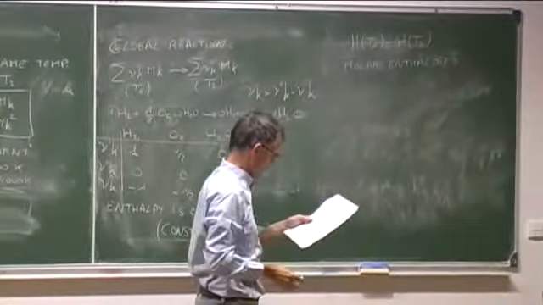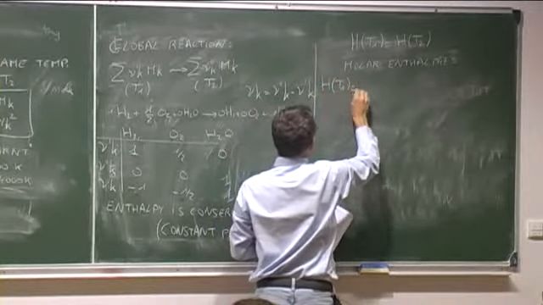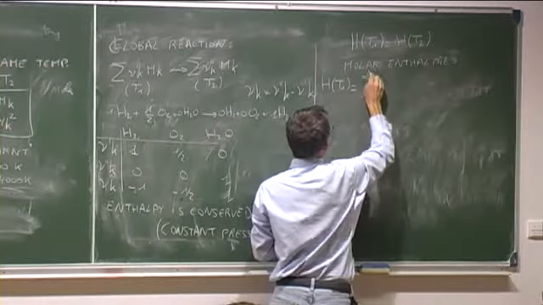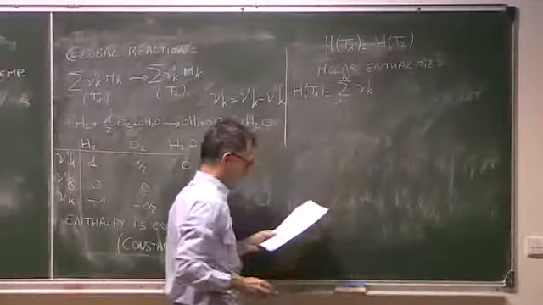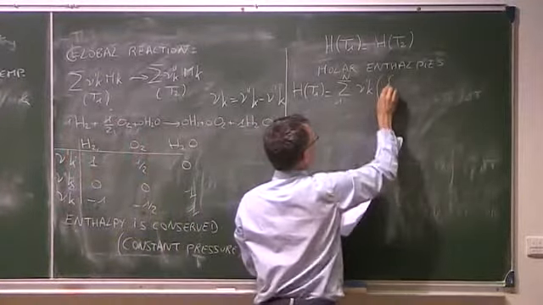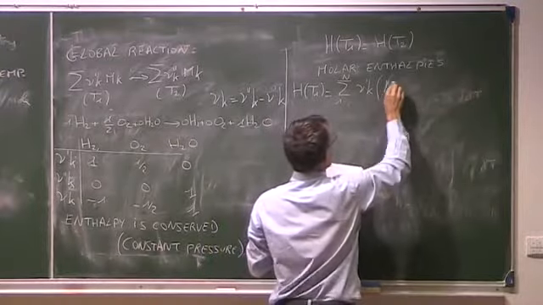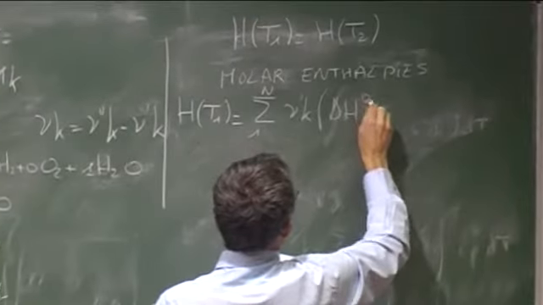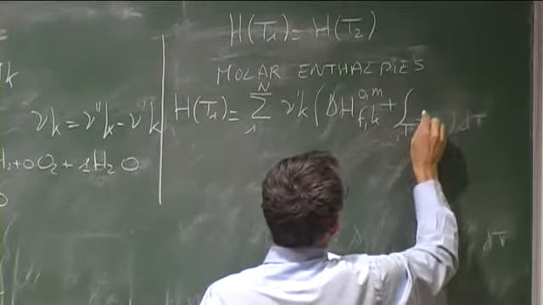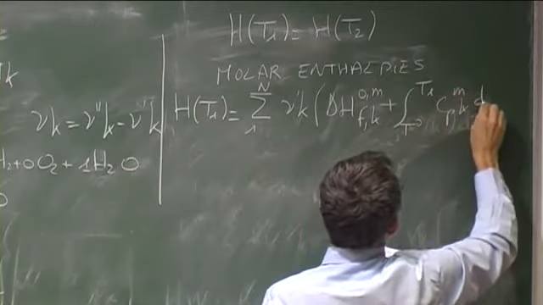So H of T1 is the sum on all the species we have here of nu prime k multiplied by the enthalpy of each mole of k. So it is going to be integral. No, let me put the delta HF first. The enthalpy of formation of species k plus the integral of reference temperature to T1 of CPk molar dT.